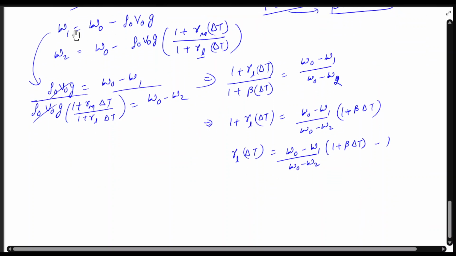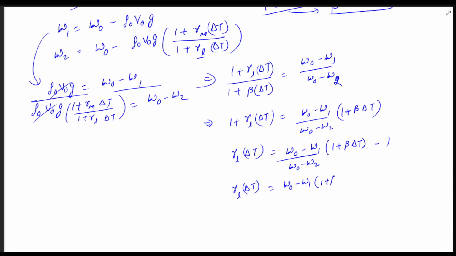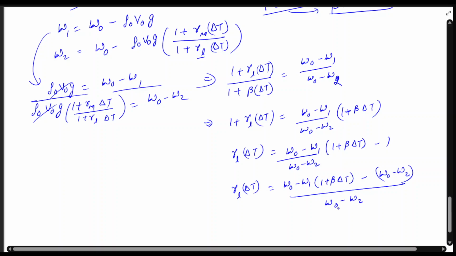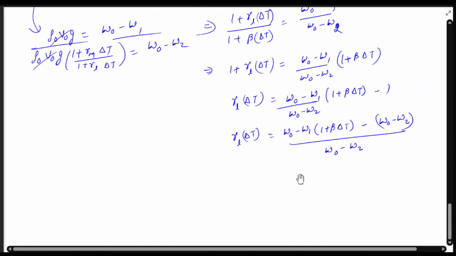Taking LCM, we have W naught minus W1 into 1 plus beta delta T minus W naught minus W2, divided by W naught minus W2.